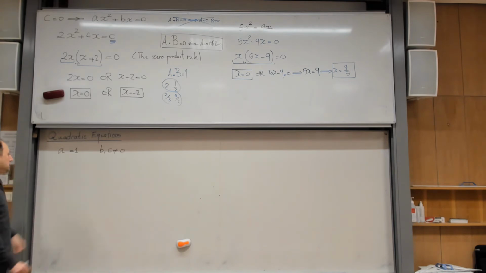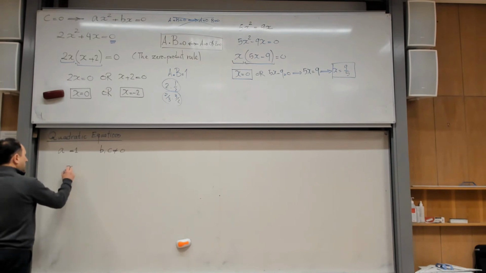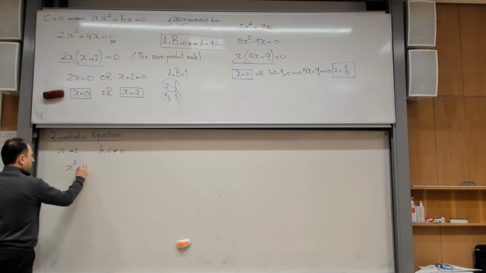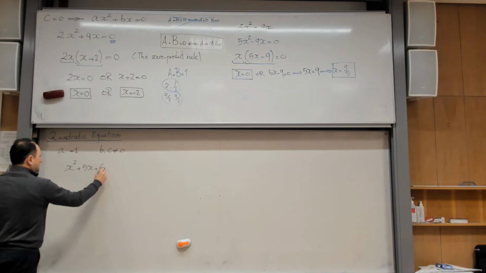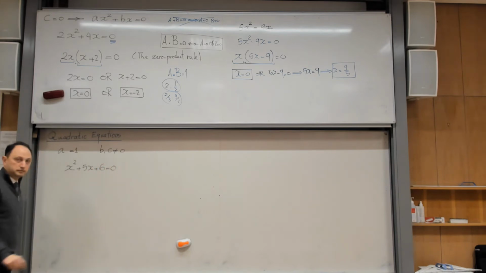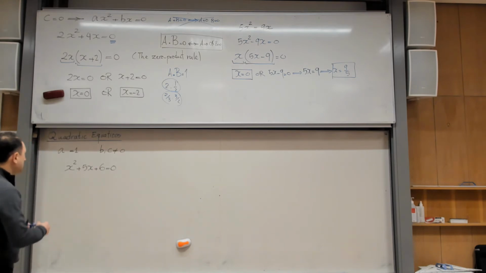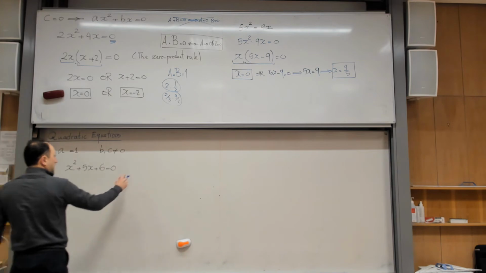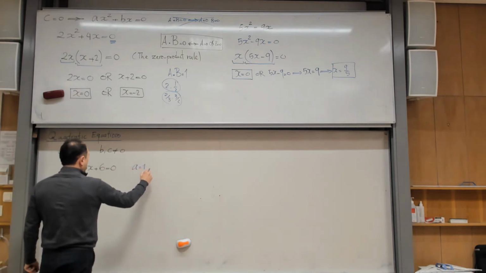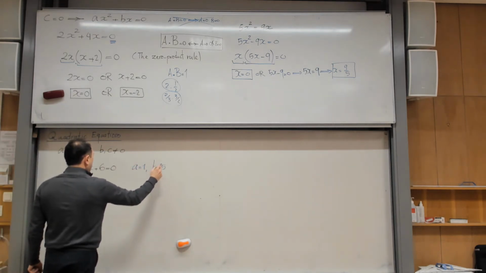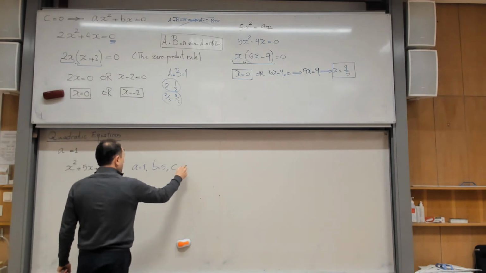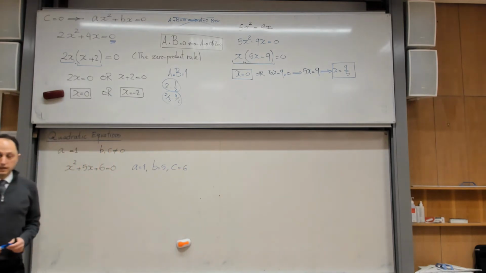For example, let me give you a simple question: x squared plus 5x plus 6 is equal to 0. If I ask you what is the value of A, it is 1 in this case, the value of B is 5, and the value of C is 6.